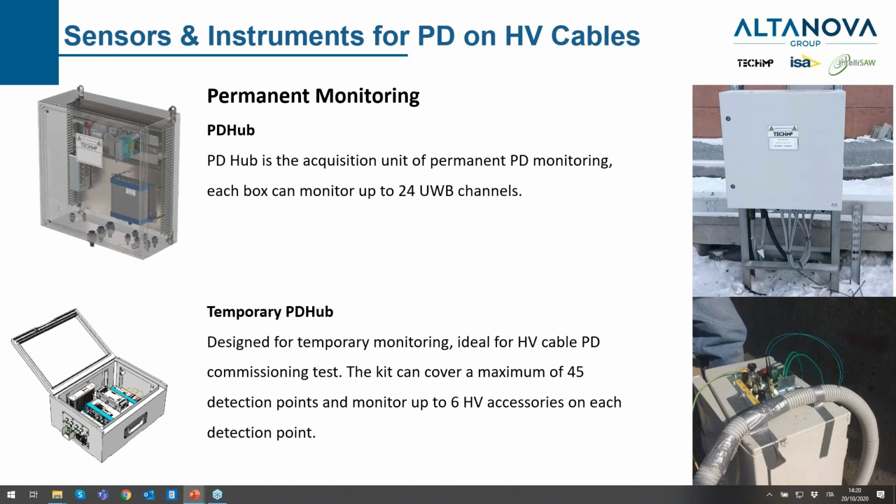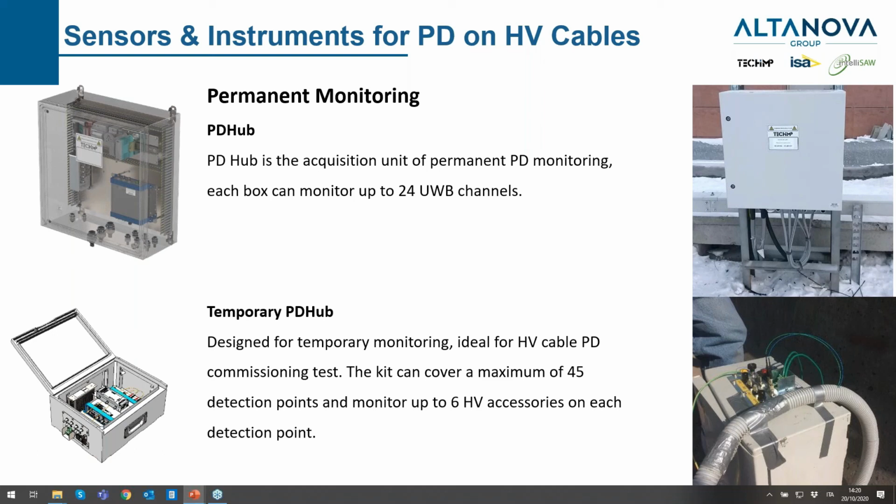All these PD hubs are connected together via fiber optic, and all connected to a main server where all the data is stored, saved, and alarms are triggered in case of partial discharge events.